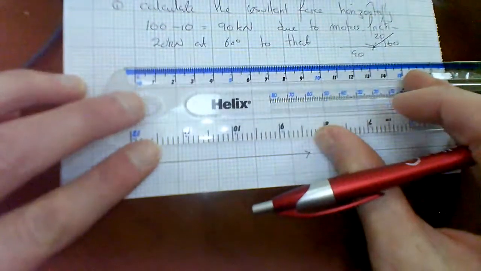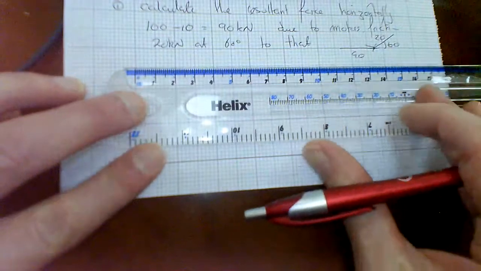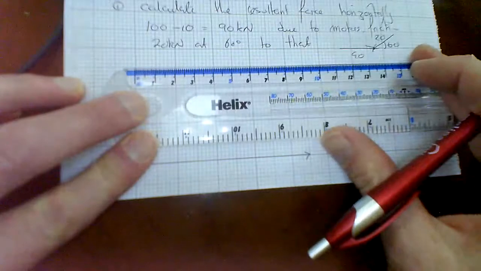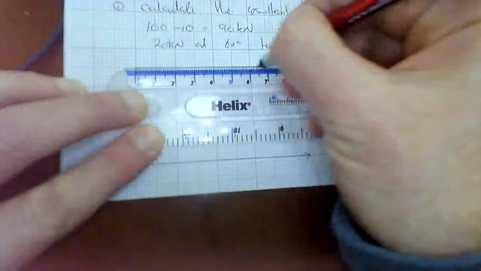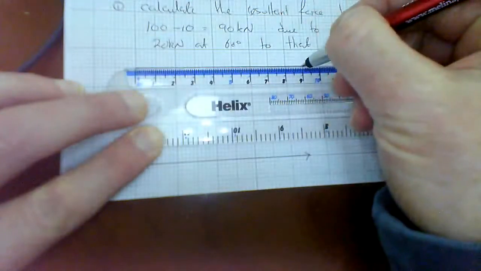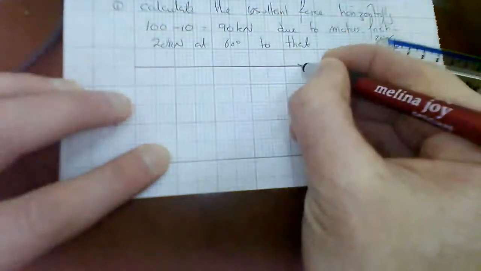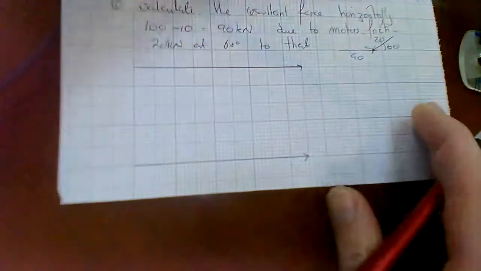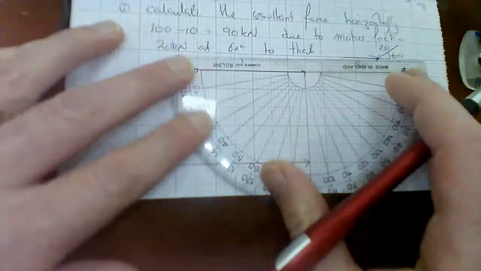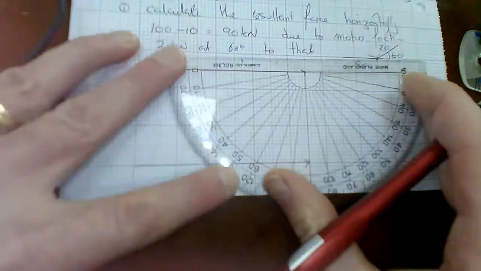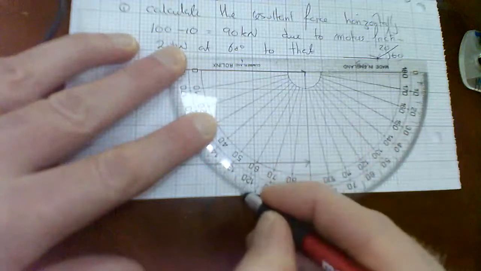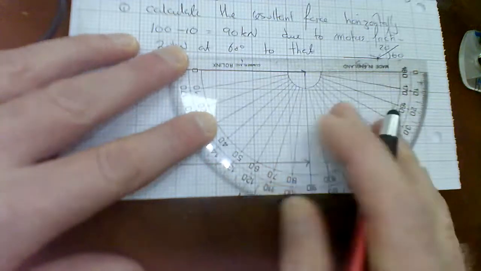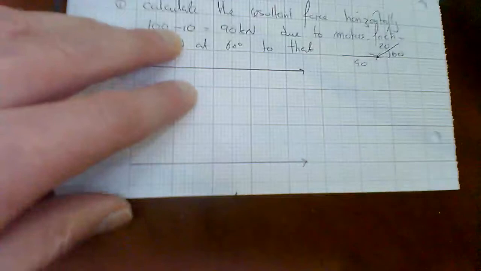I've done that wrong. I need my 9 there, because I haven't got space to draw it. So there's my 9. And now I'm going to come in and say I want a force at 60 degrees to that. So there's 60 degrees there.